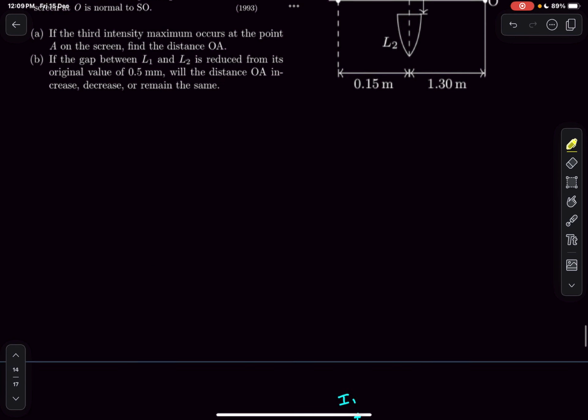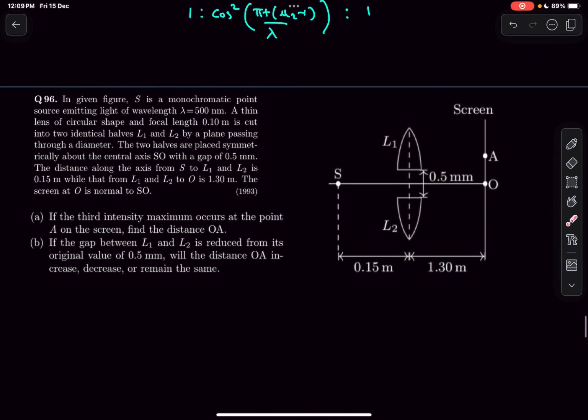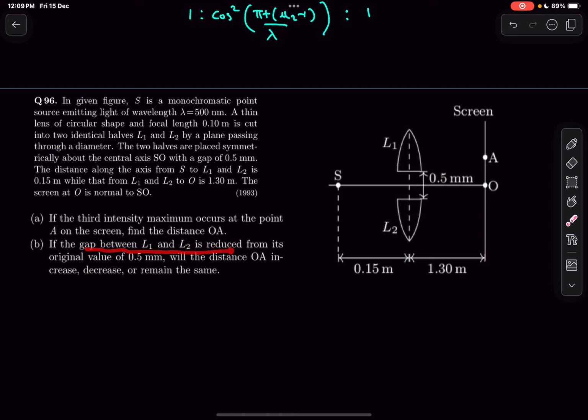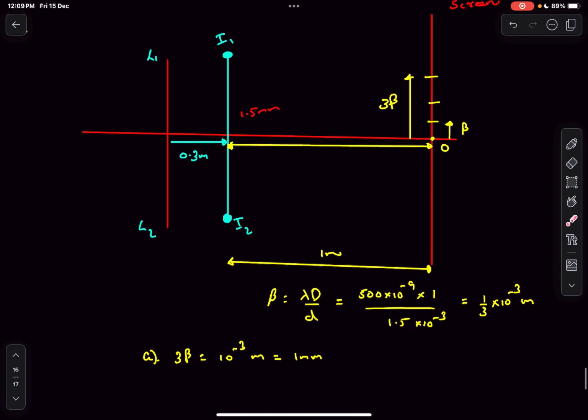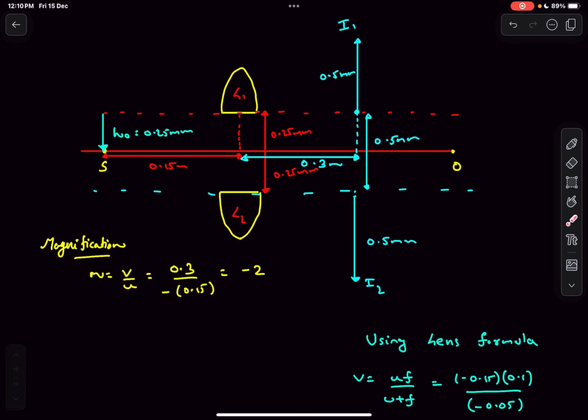And in the second question, they're saying if the gap between L1 and L2 is reduced from its original value of 0.5 mm, will the distance OA increase, decrease, or remain the same? So will the fringe width change or not is what they're asking. Let's go to page 2. Here, if the separation between these lenses is reduced, then we can clearly say that the separation between the images will also be reduced.